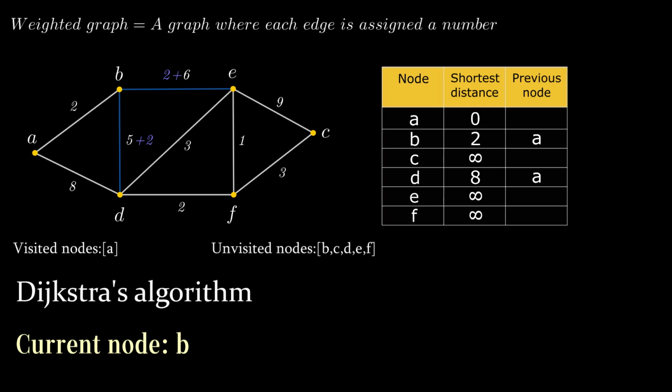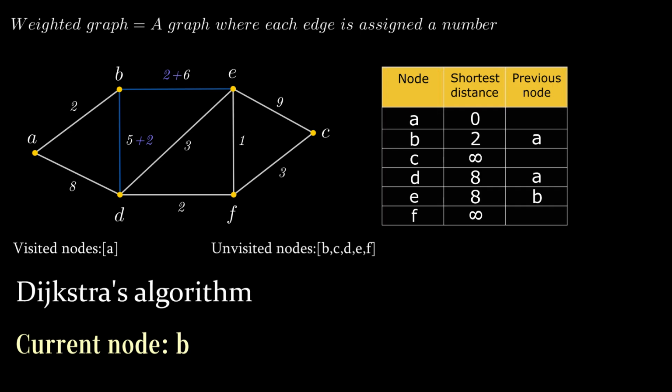So let's first look at node E. Node E will have the current distance 8 from A through B. Now we need to check if 8 is less than the current shortest distance that we stored in our table. The current shortest distance we stored in our table is infinity, and 8 is certainly less than infinity, the last time I checked. So we update our shortest distance to E to 8 and set B as our previous node.